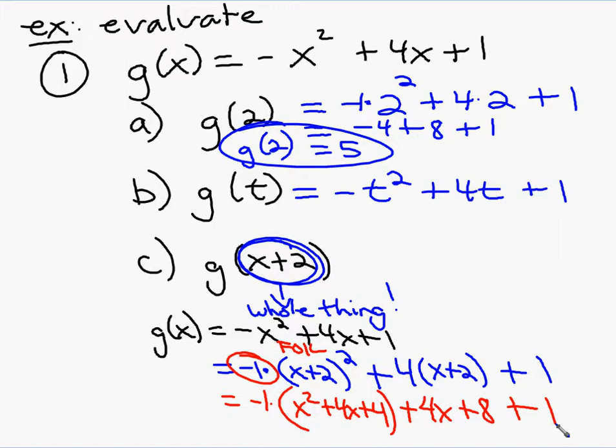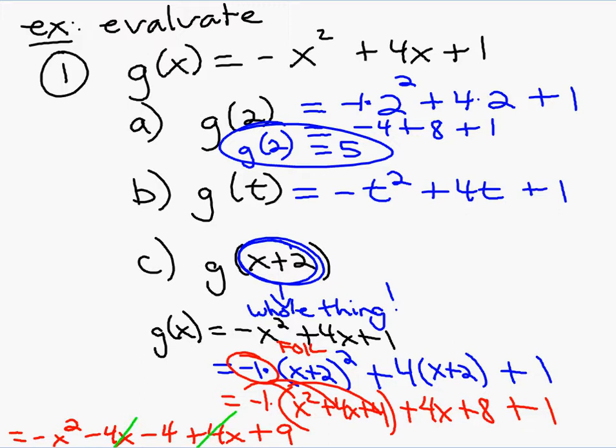So what it boils down to is just some algebra simplification. I think I might be able to finish that down here at the bottom of this page. When I distribute this negative 1 through, I'm going to have negative x squared minus 4x minus 4, and then I still have plus 4x, and then I'll combine the 8 and 1 and make it plus 9. And you can see there's some things that go away.